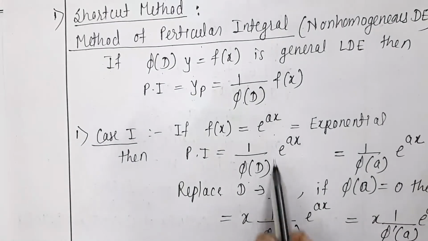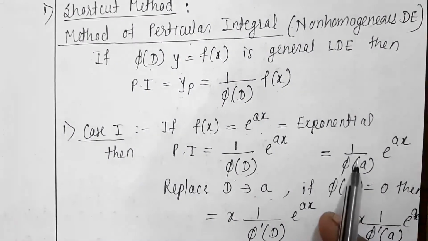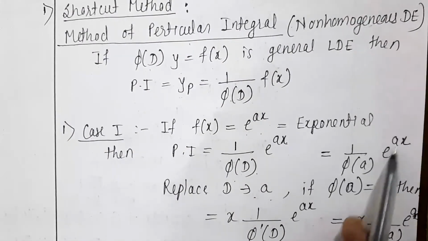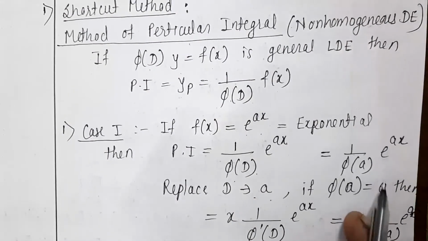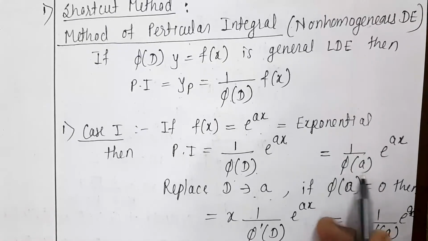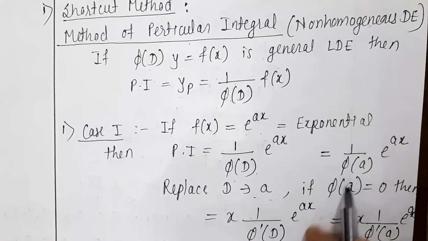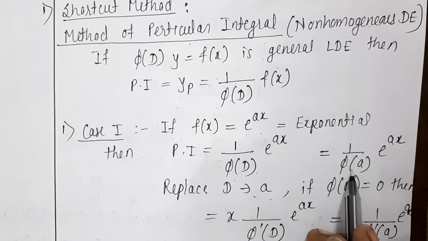Now if we replace D by a, it becomes 1 upon phi of a multiplied by e to the power ax. Now if this denominator becomes 0, it becomes infinity. So it does not satisfy.